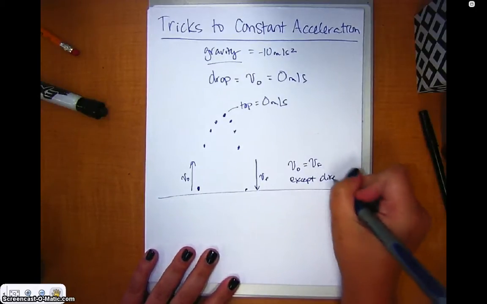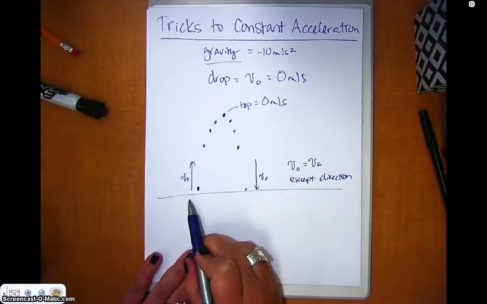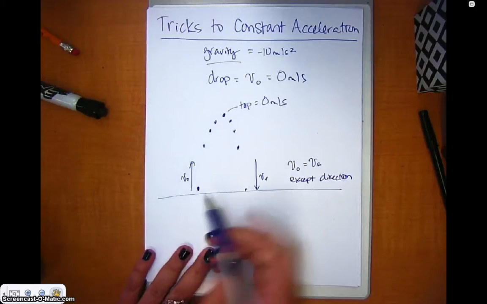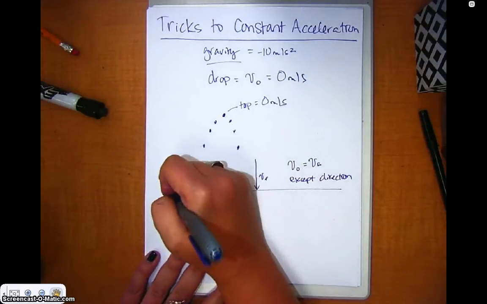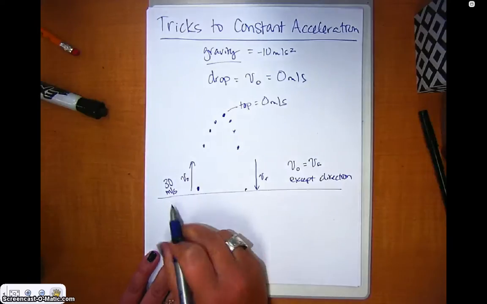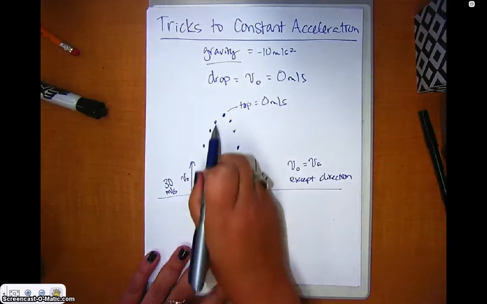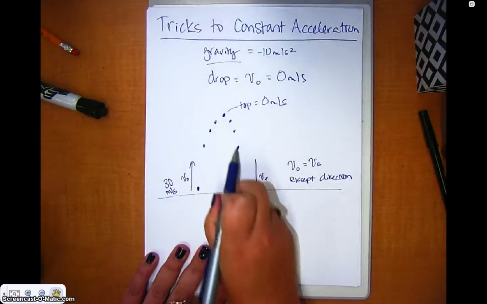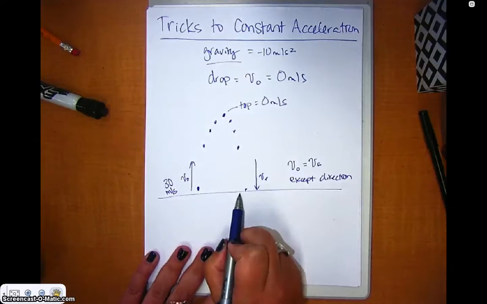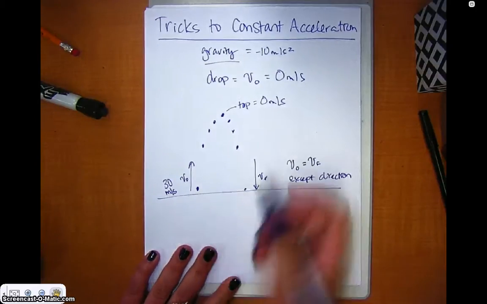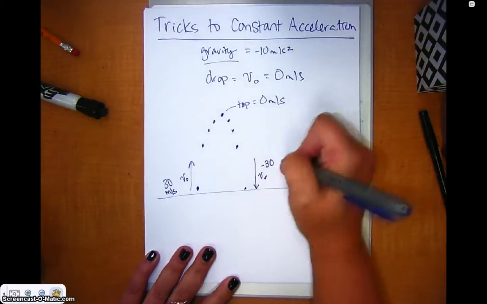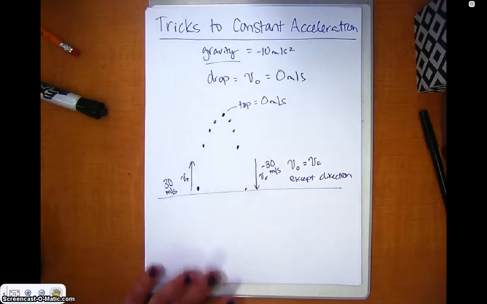So if I throw a ball up in the air at 30 meters per second, it flies up to the top, it will stop, and then it will accelerate back down towards the ground, and if the ground is at the same relative height, then it will strike the ground at -30 meters per second.